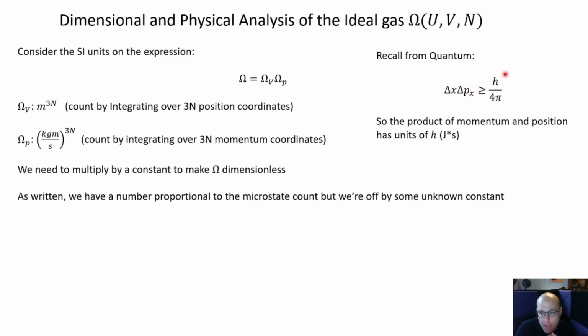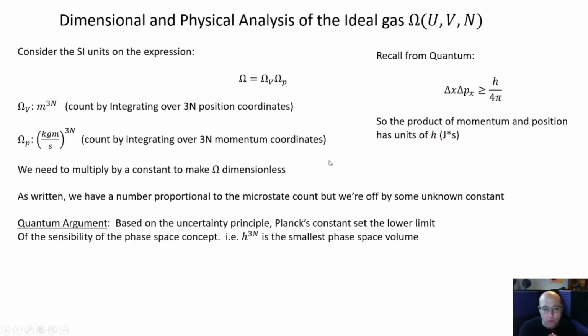The units of h are joules times seconds in SI. And so if we raised h to the 3n power, we would have a quantity with the same dimensions as this version of omega.